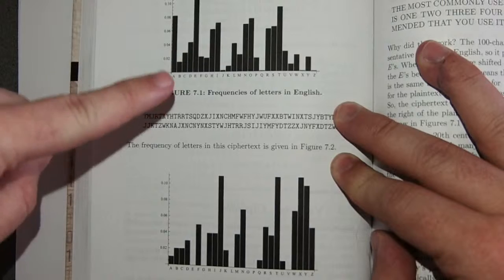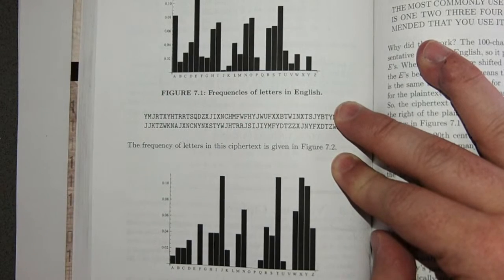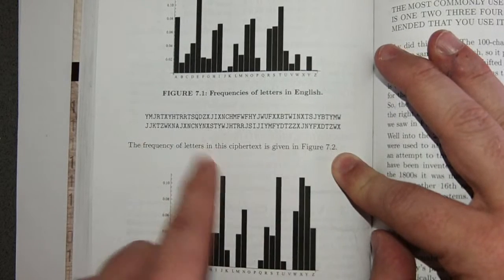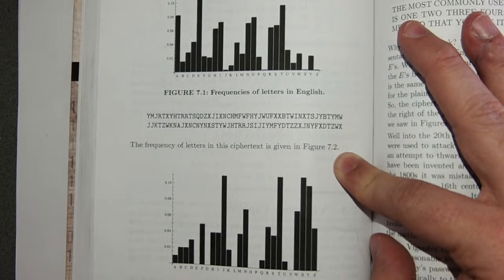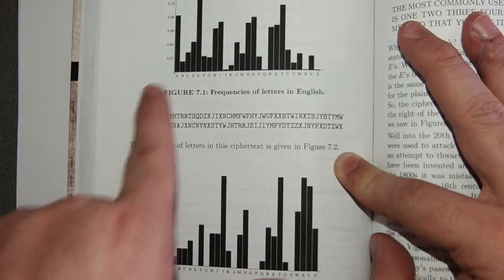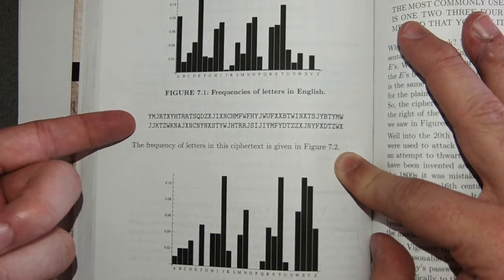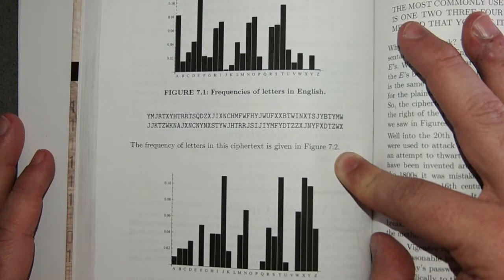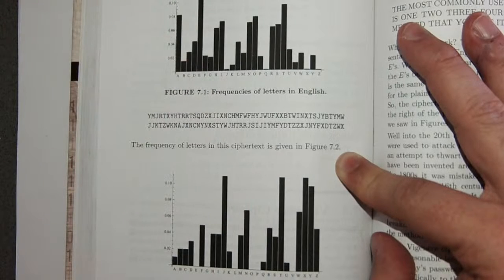The top plot is the frequencies of letters in English in general, and the bottom plot is the frequency of the letters in this cipher text that I've intercepted. So the idea here is looking at these two. Of course, this is just a relatively small sample of text, so these frequencies aren't going to match up exactly.